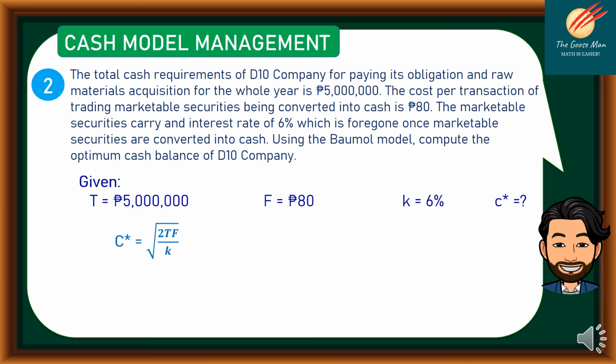Applying the formula, we have the square root of 2TF divided by K. So we have 2 times 5 million times 80 divided by 6%. So the optimal cash balance is equal to 115,470, rounded up to the nearest whole number.